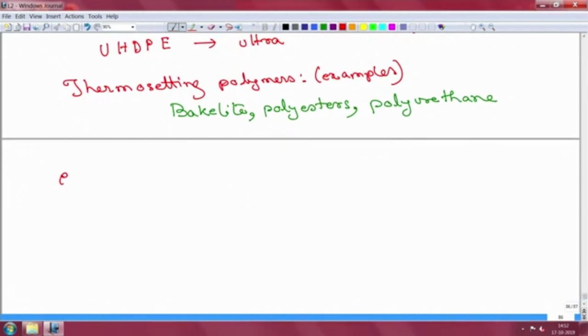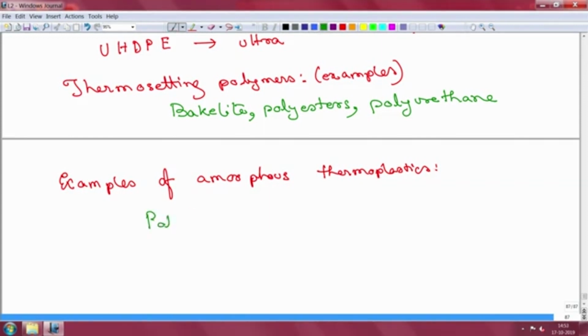Examples of amorphous thermoplastics are polyvinyl chloride, part of the vinyl polymers, the polyvinyl chloride, sort of PVC, polystyrene, PS.